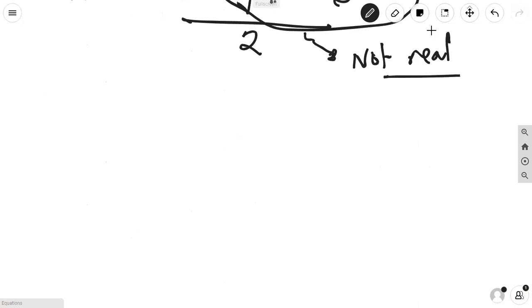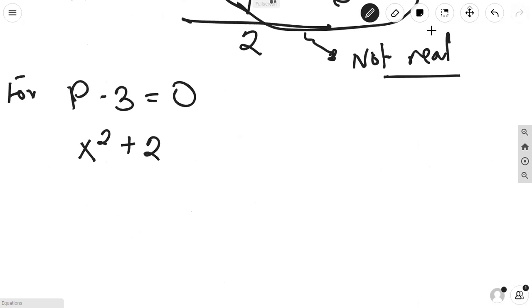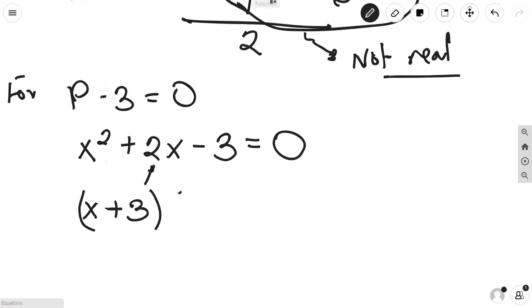Clearly, we see that for p − 3 to be equal to 0, since p is x² + 2x, we are saying that x² + 2x − 3 will be equal to 0. And the factors here will be 3 and minus 1. And if you factorize, you have (x + 3)(x − 1) equal to 0.